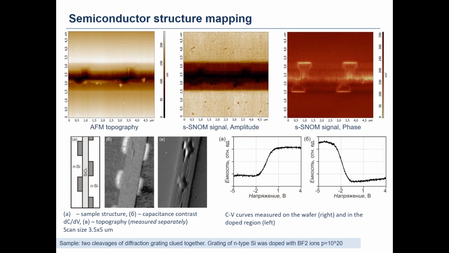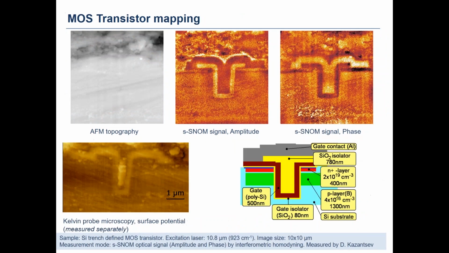semiconductor structure. This is the MOS transistor, and the results are made on the same wavelengths. One can see on the topography that this is just the topography of this sample, and on the scattering SNOM signals, amplitude and phase, we can definitely resolve the differently doped areas of it.